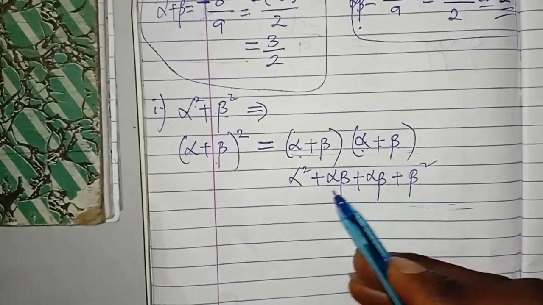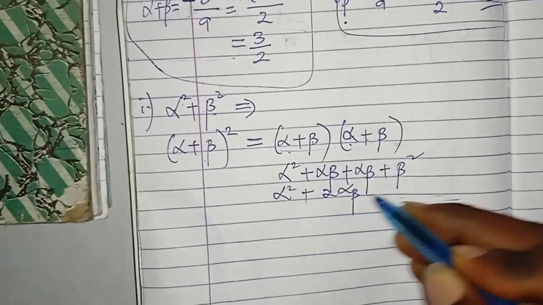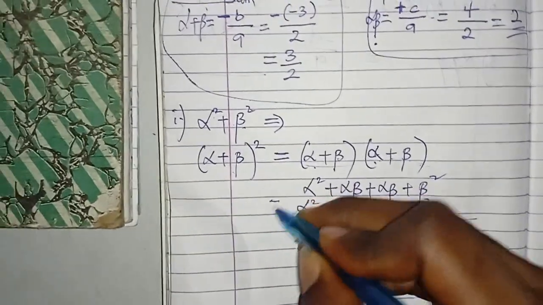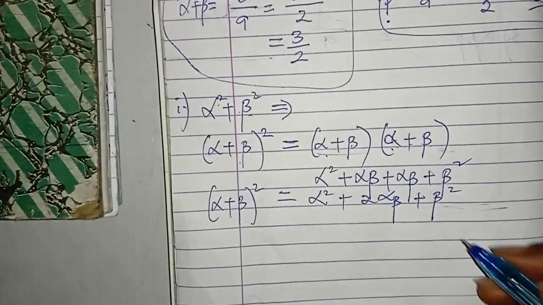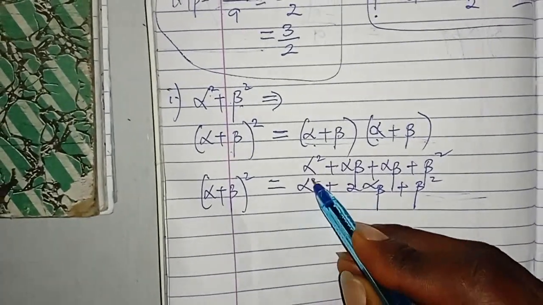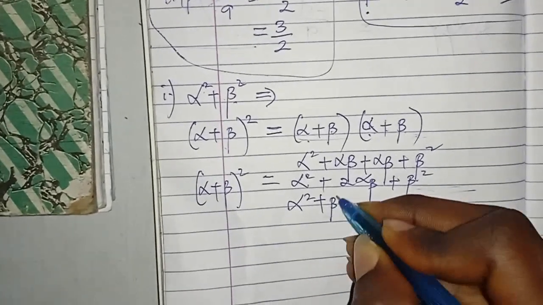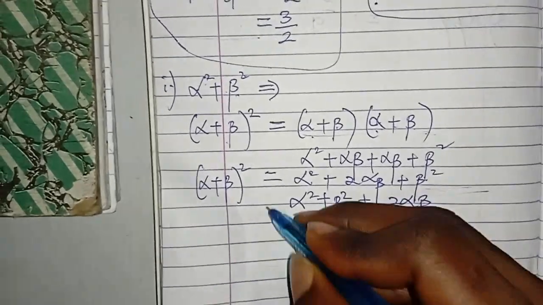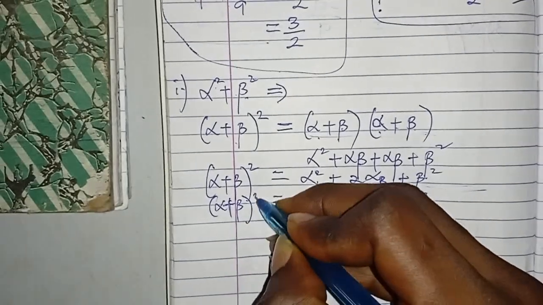Now very well you can see that this is the same thing as saying alpha square plus 2 alpha beta plus beta square, so all equals alpha plus beta square. So if you notice, there's alpha square here, there's beta square here, so I can collect the alpha square plus beta square plus 2 alpha beta, that is this one, equals alpha plus beta square.